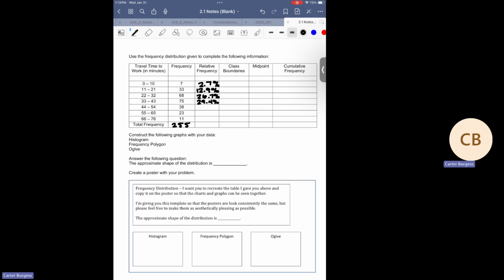We have a total of 255 data points, which is just adding everything up. 7 of those 255 data points live in our first bucket, which is about 2.7% of the data. And likewise with each of the buckets, that's how we would calculate it, not 90%, but 9.0%. And then lastly, 4.3%.